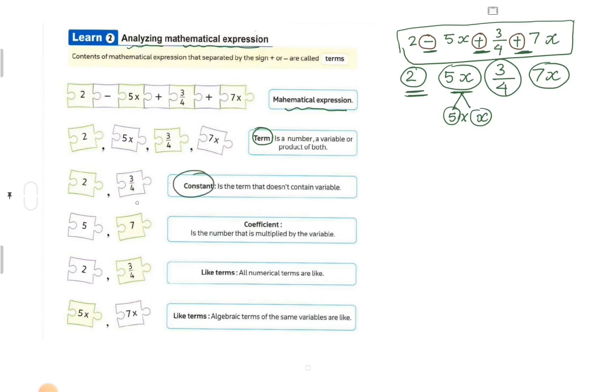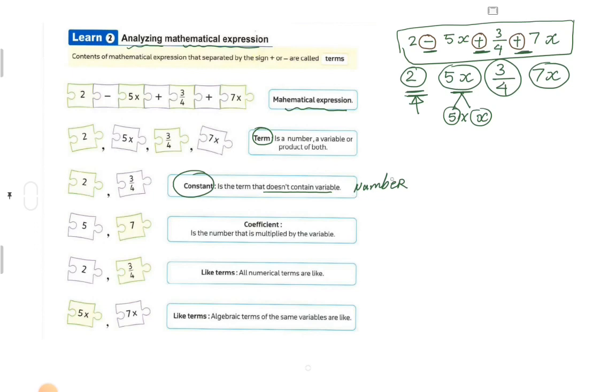Constant. What is a constant? A constant is a numerical term, the term that doesn't contain a variable. It's just a number. So I can say that any number is a constant.